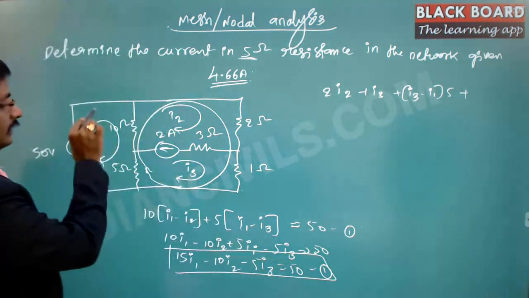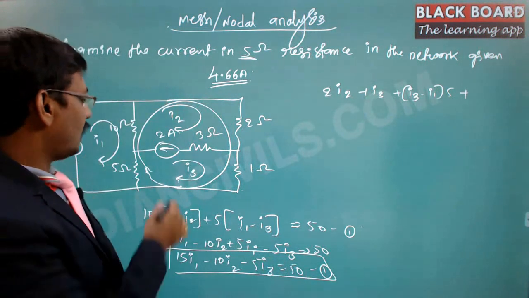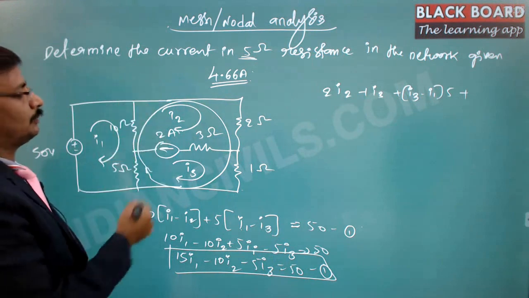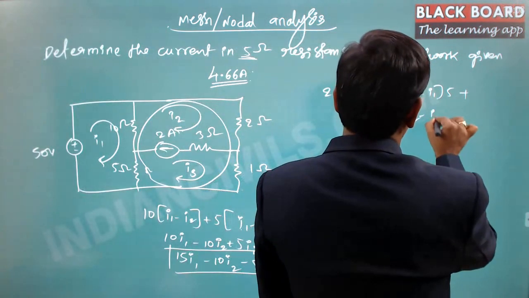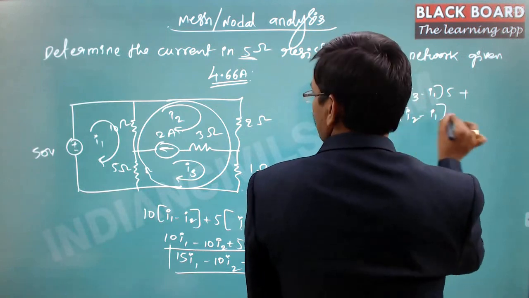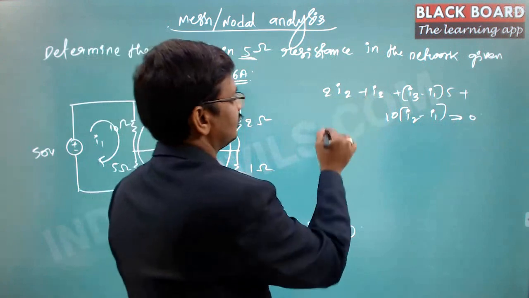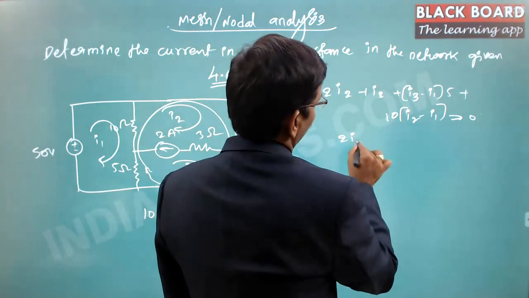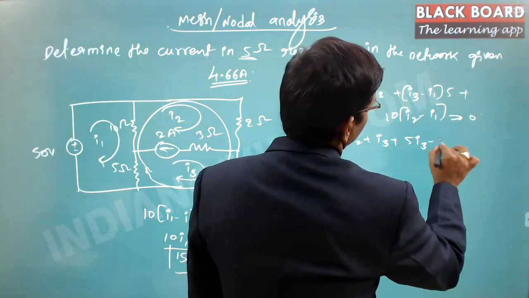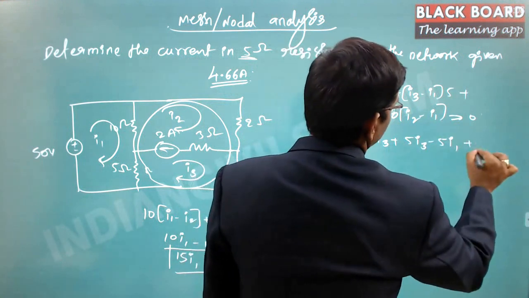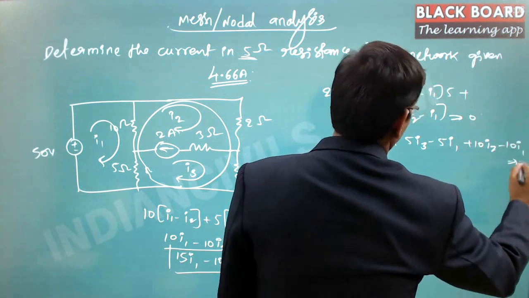Plus, here I1 is passing through down and I2 is passing through up, as you are moving the loop from down to up. So (I2 minus I1) times 10. And this value should be equal to 0. So this is the second equation. If you simplify this equation, this is 2 I2 plus I3 plus 5 I3 minus 5 I1 plus 10 I2 minus 10 I1 equal to 0.